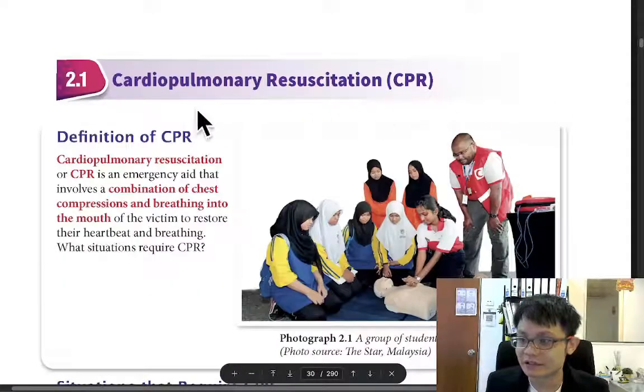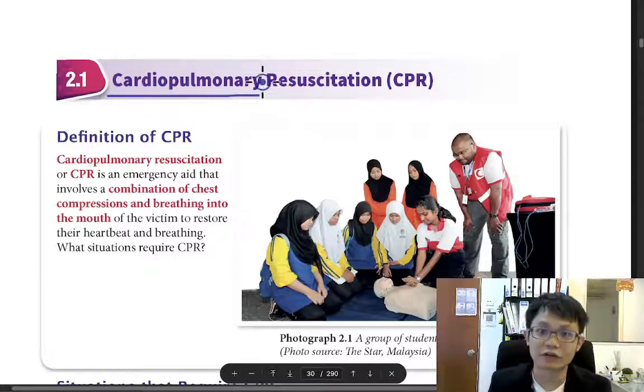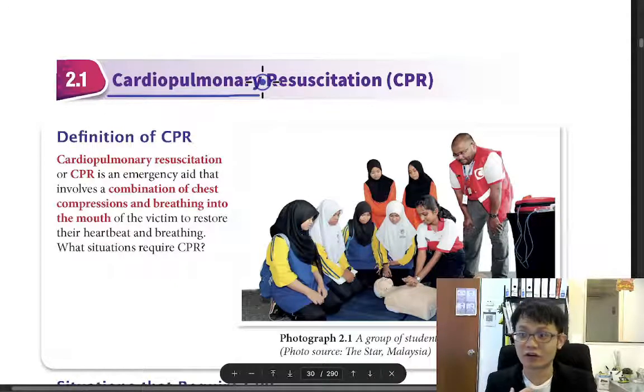CPR stands for cardiopulmonary resuscitation. If you know the English word, cardiopulmonary is a certain part of your body. It usually relates to the cardio, the heart, and your breathing.